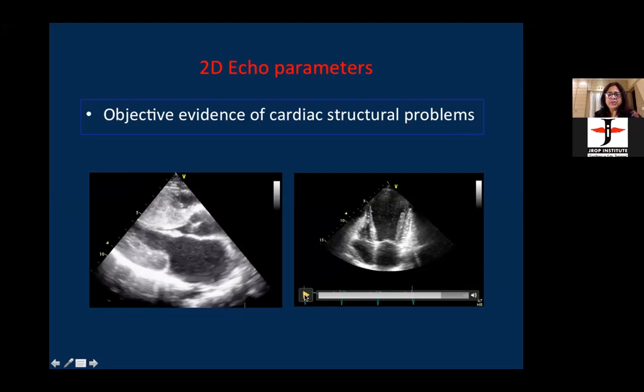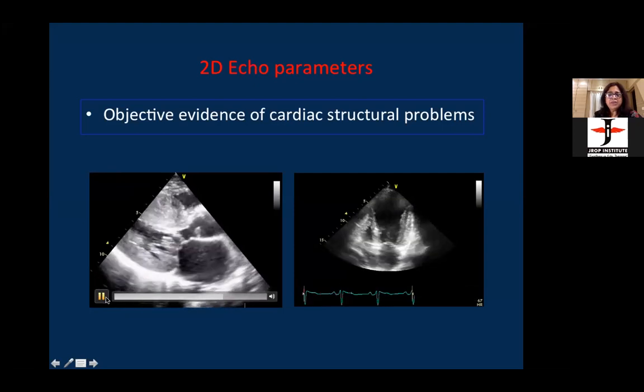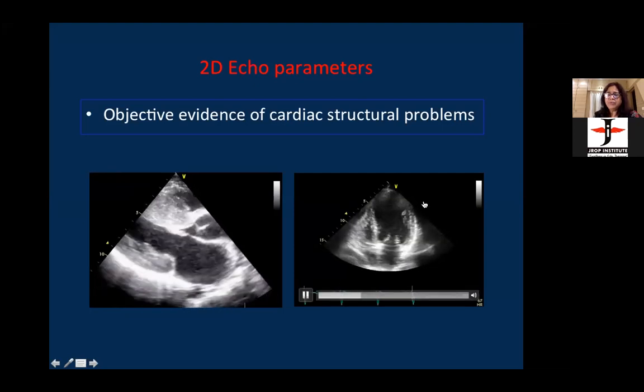Same with this patient. If you look, this is an apical four-chamber view: left ventricle, left atrium, right ventricle, right atrium. Now let us concentrate on the left ventricle. You see the apex, at the apex, the myocardium is scarred. Large area of myocardium at the LV apex is scarred. So it's a large myocardial infarction in the LAD territory.